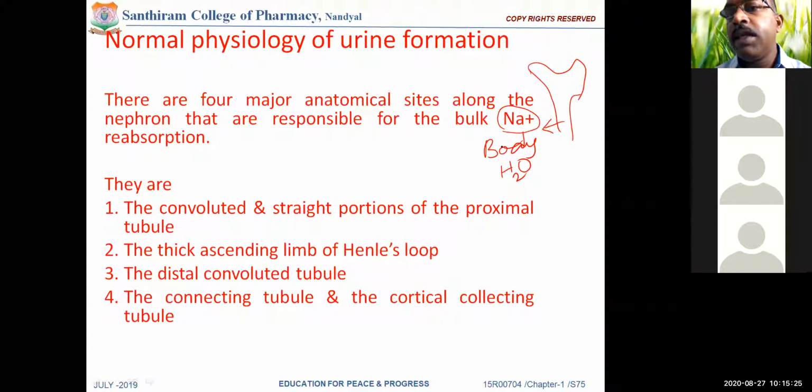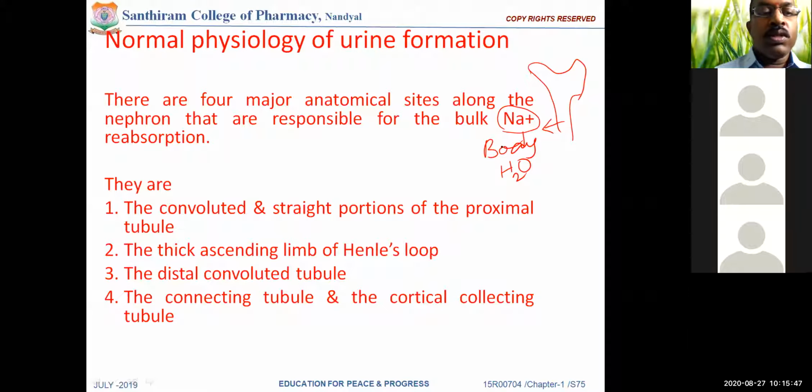Though the kidney is responsible for excretion of the majority of the liquid portions along with the toxins and other unwanted substances, it is also responsible for reabsorption of the required electrolytes and sometimes water.